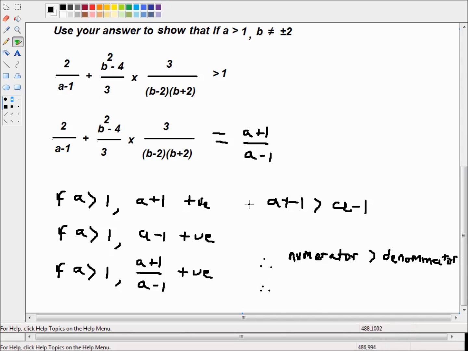And therefore a plus 1 over a minus 1 is greater than 1.